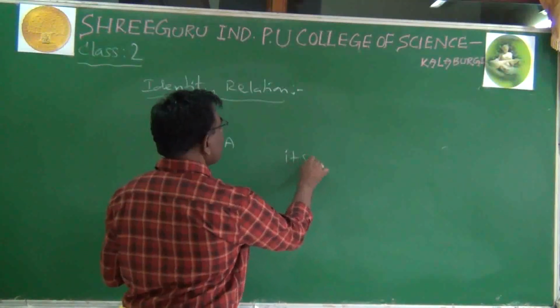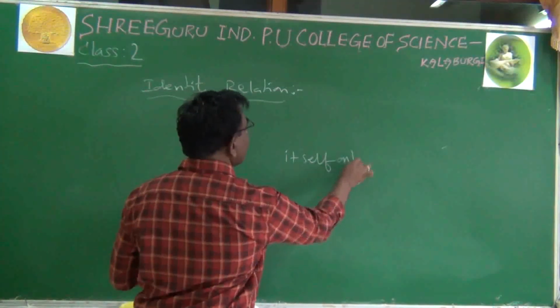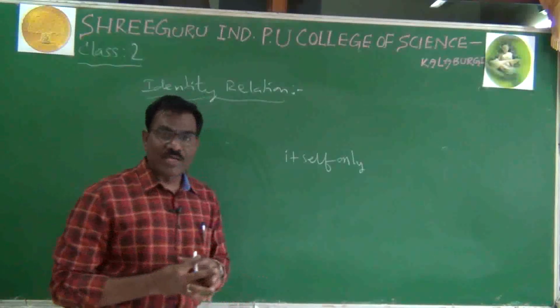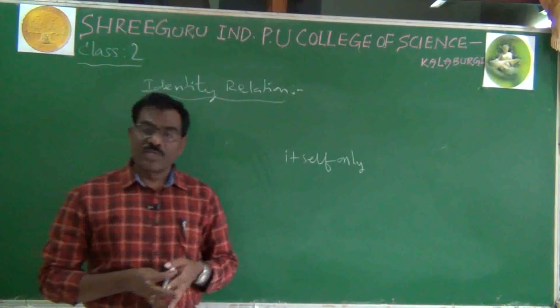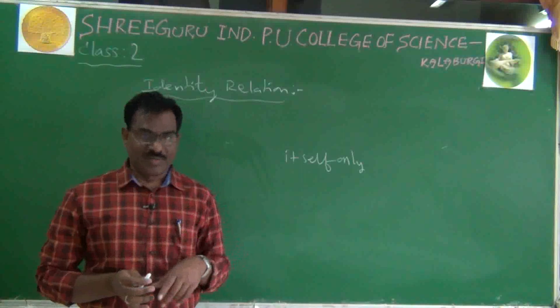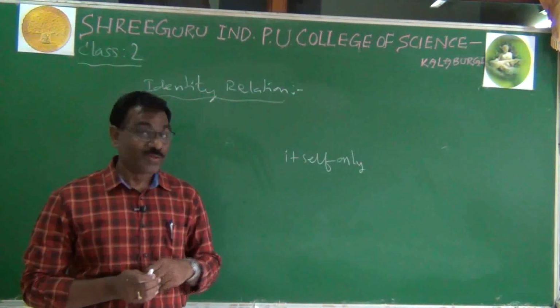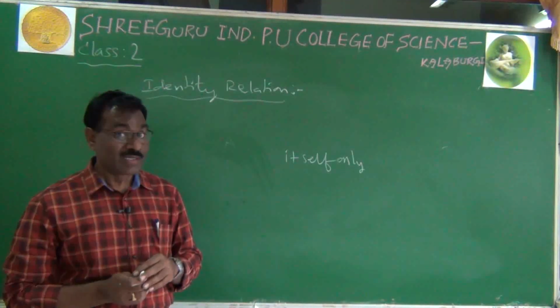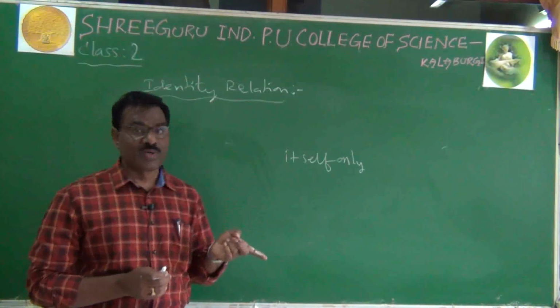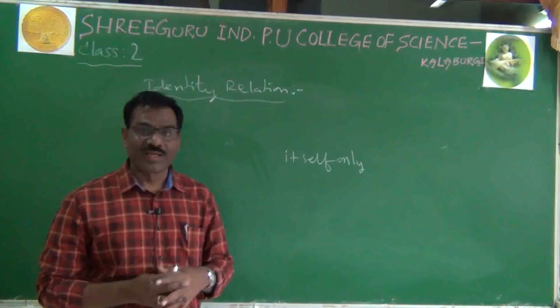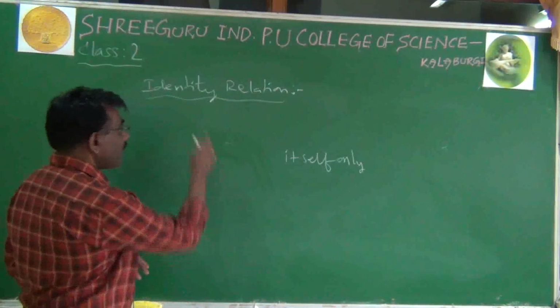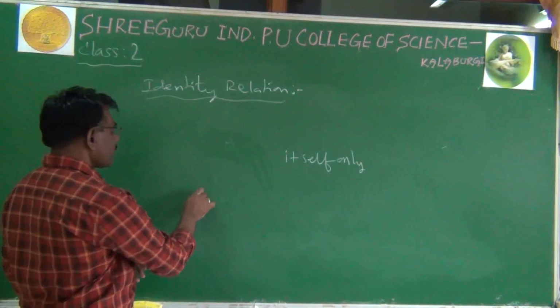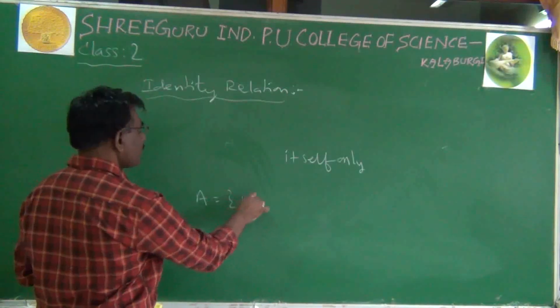But itself only. In a reflexive relation, every element of the set is related to itself. Be careful, reflexive and identity are almost the same sentence, but identity means itself only. For example, suppose A = {1, 2, 3}.